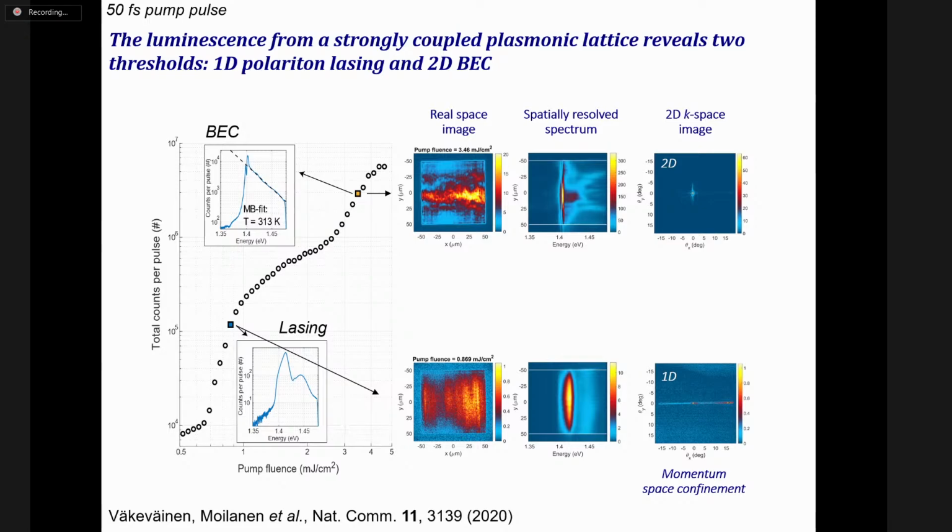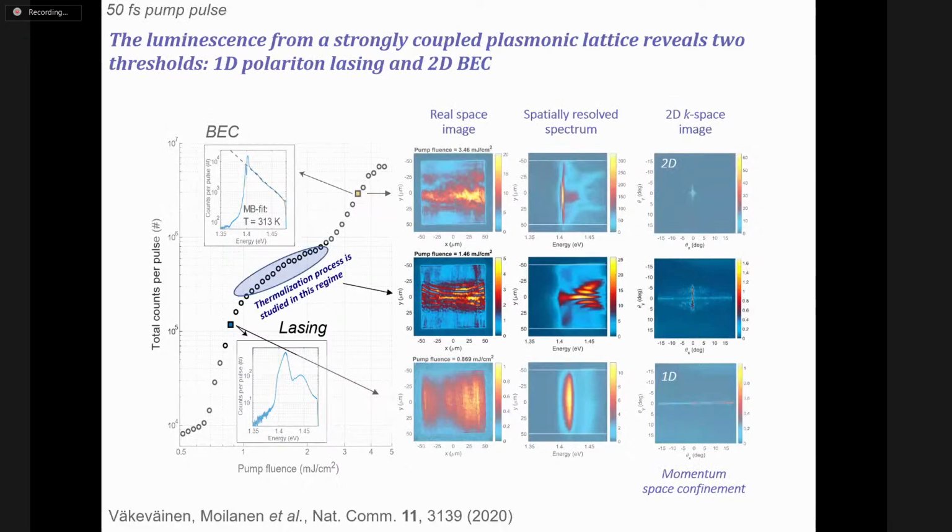And also notable here is that the spectrum of the light now shows quite a clear Maxwell-Boltzmann tail of the distribution. And in this intermediate regime, we have the chance to observe what is going on in the thermalization process, because in this regime the thermalization is not yet complete, but we can see some signatures.